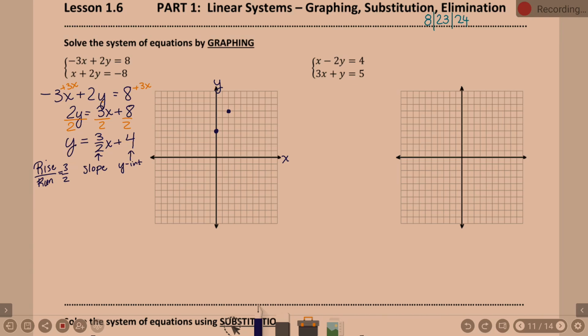Rise 3, run 2. And keep in mind, that was going up 3, right 2. I can also reverse this and go down 3, left 2. Like yesterday, I'm going to kind of go crazy with the points, but it's necessary because we need to know exactly where our line is. The rulers are over there if you want to use a ruler again, yes?